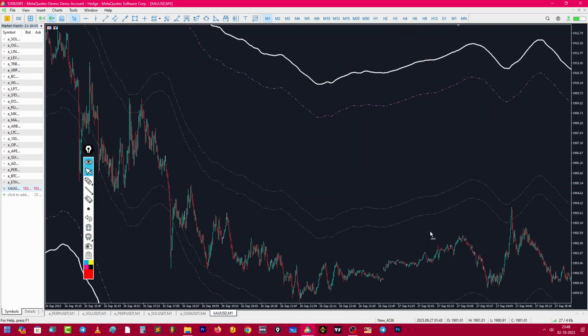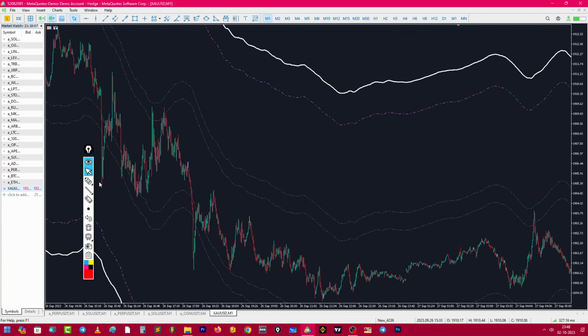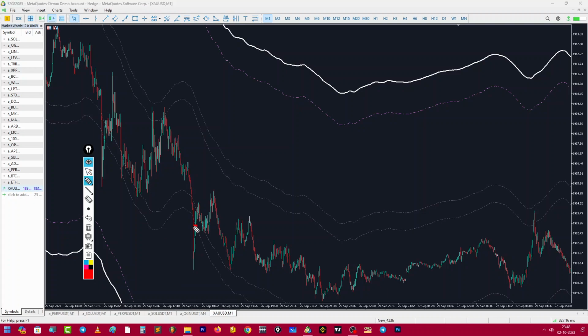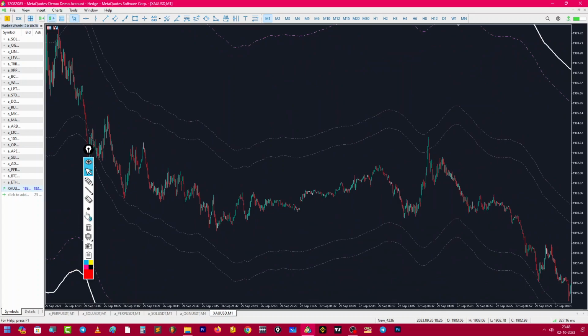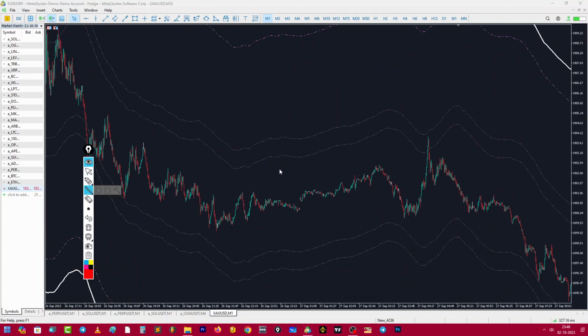Now here you can see another example. Price has given a closing at this level. Now price has to go touch this level and reject. Here you can see price did not touch this level, but here it touched, almost in the zone, and then it rejected. So let's say you are using support and resistance here, just like this.